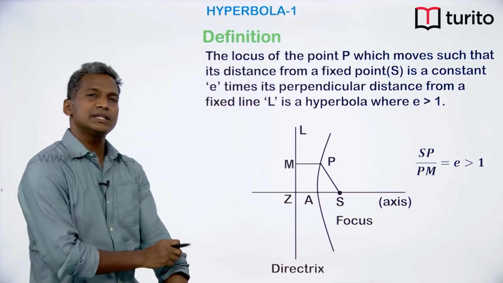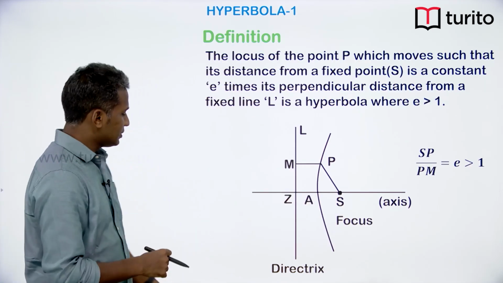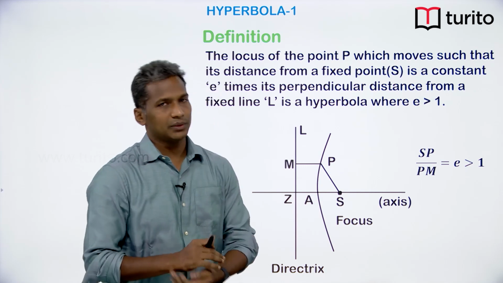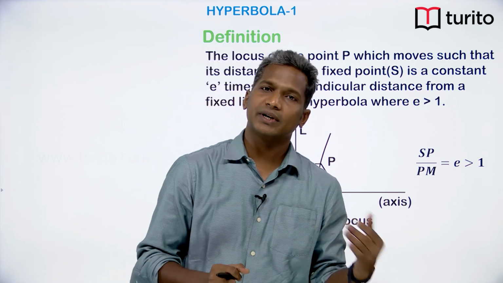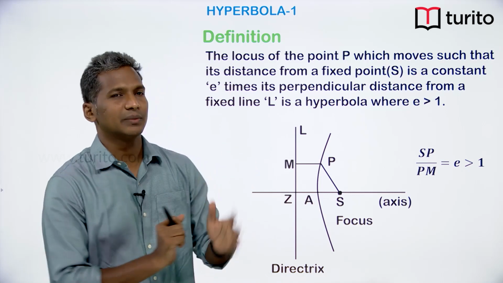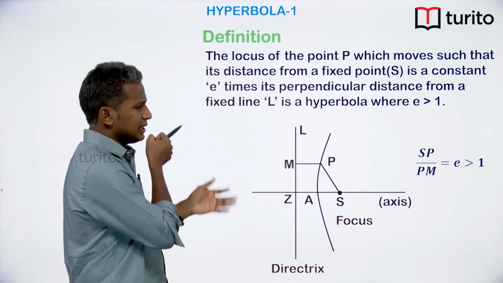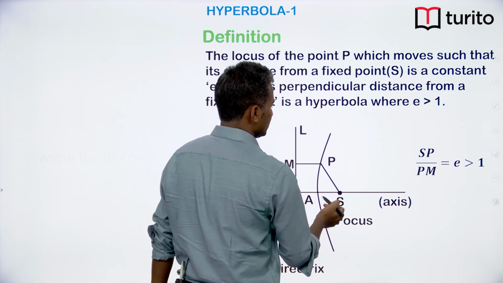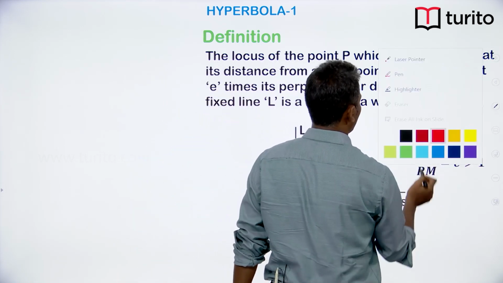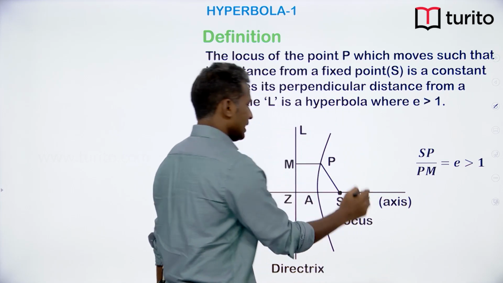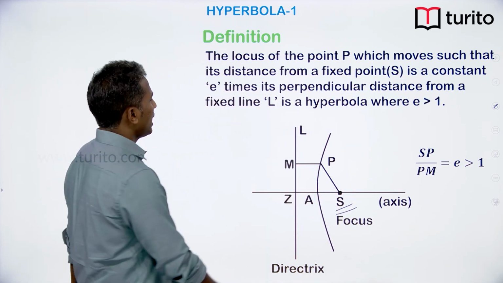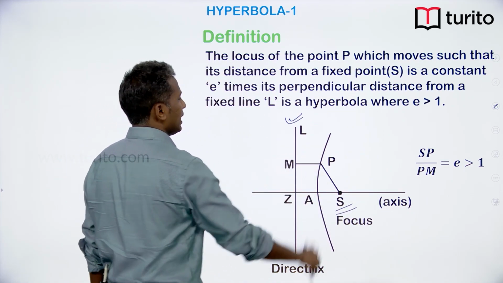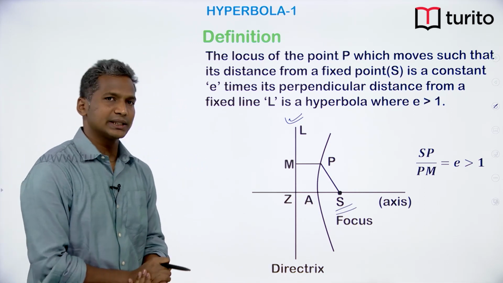So first, what is hyperbola? Just like the way we have defined parabola and ellipse, we can also define hyperbola in a similar manner. Basically here we have a fixed point S which is the focus, and we have a fixed line L as the directrix.